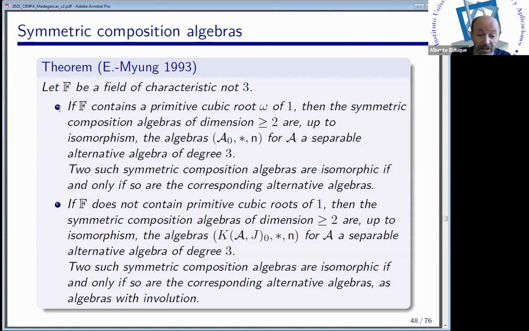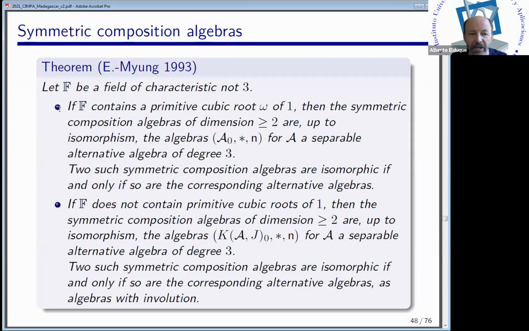And now we take the 8-dimensional subspace of zero trace elements that are skew relative to the involution, with the star multiplication and the norm given by Okubo, with the same formulas that Okubo used. And in this way, one gets all symmetric composition algebras over this kind of fields. And again, two symmetric composition algebras are isomorphic if and only if the corresponding alternative algebras are isomorphic as algebras with involution. Okay, so we must take into account the second kind involution. And this gives a complete classification.